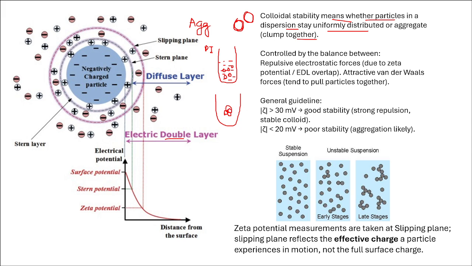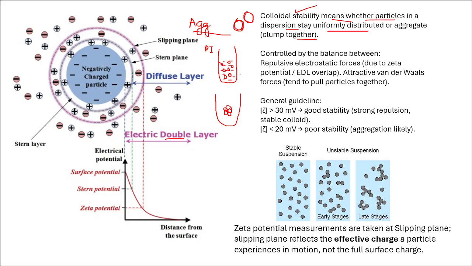It is very important that these particles are monodispersed, not clumping together, not aggregating. That is why colloidal stability is extremely important for nanoparticles.